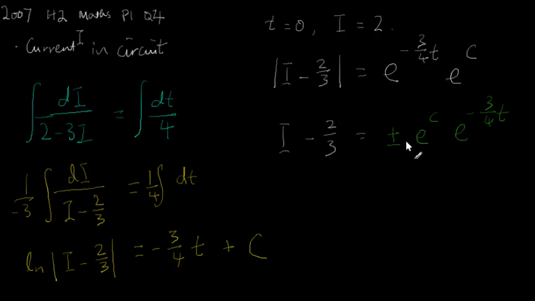Okay, but whether this is plus or minus, I have an unknown constant here. C was an unknown constant, but now that I have e to the power of c, I can think of this whole lot, and not just this whole lot, the whole lot including the plus or minus sign, as the unknown constant. It's like I don't actually know whether this is plus or minus.